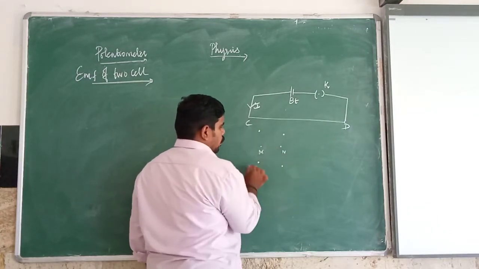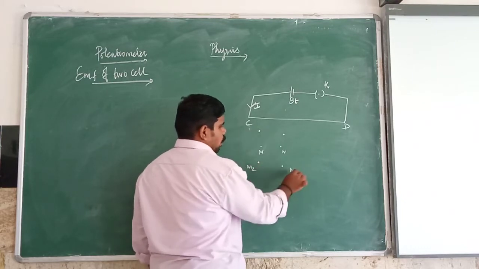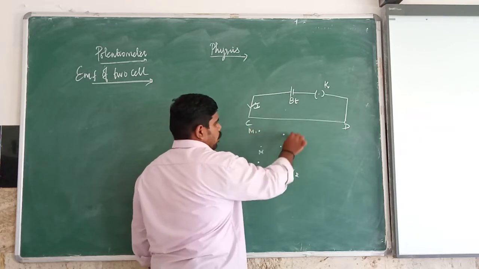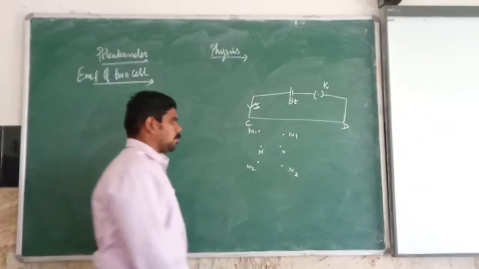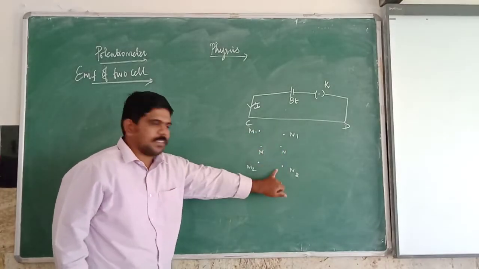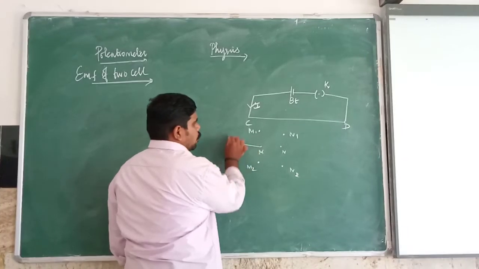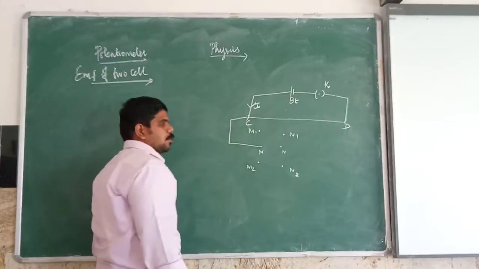M, N, M1, N1, M2, N2. The DP/DT switch has 6 terminals: 1, 2, 3, 4, 5, 6. The M end of the DP/DT switch is connected to the C end of the potentiometer.